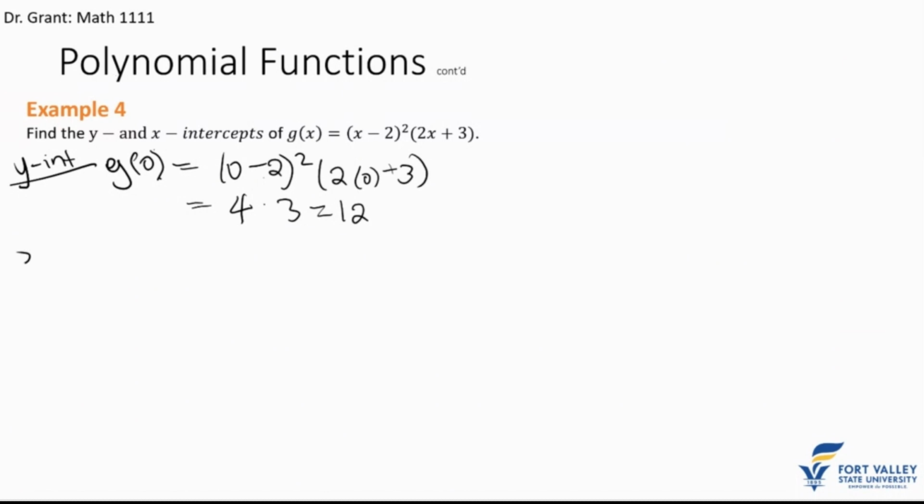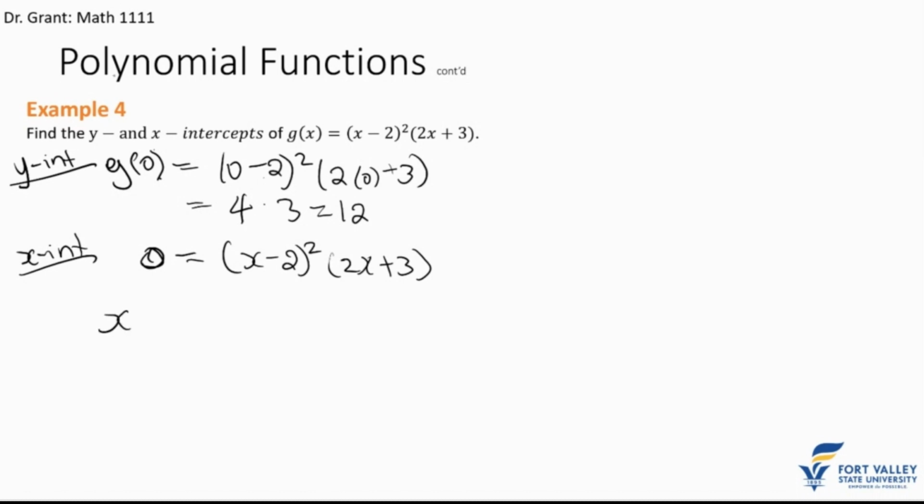Now, if I wanted to find my x-intercepts, we'll do what we just did. So we'll have that 0 equals x minus 2 squared times 2x plus 3. The beautiful thing about this is it's already factored.